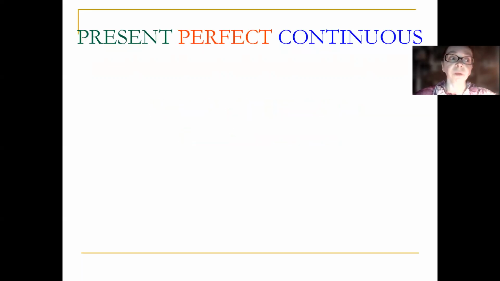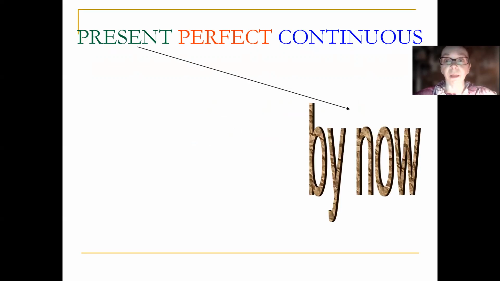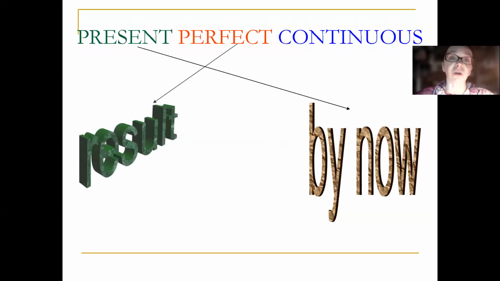Because we have the word present, this means it refers to now. Then we have the word perfect, which reminds us of the result concept, and continuous means something prolonged, some kind of process.